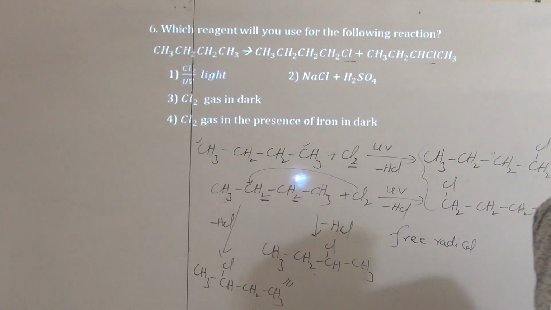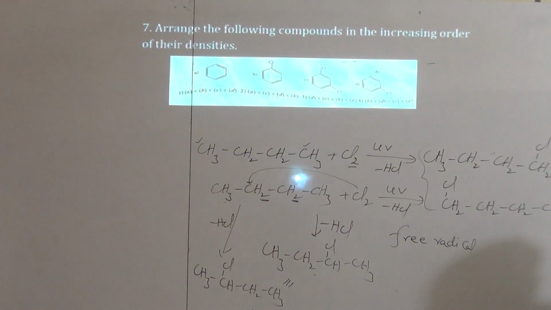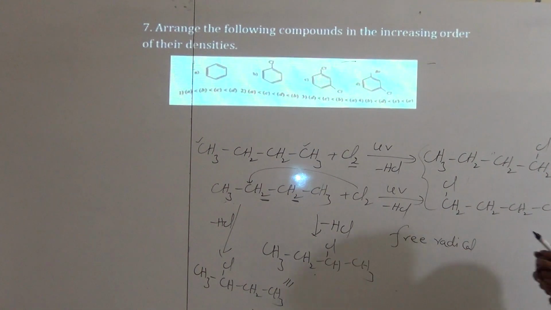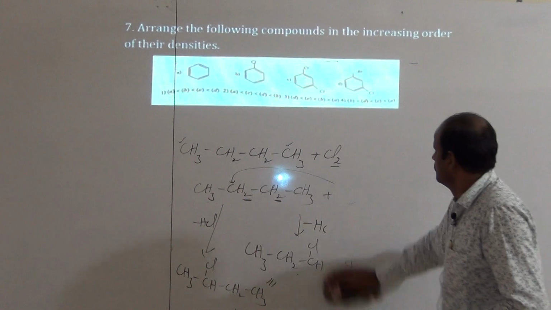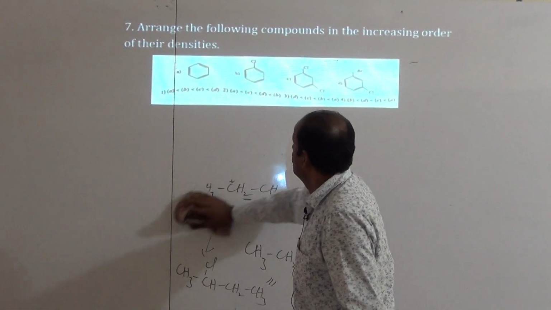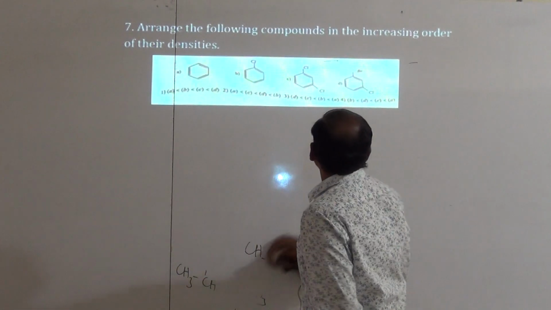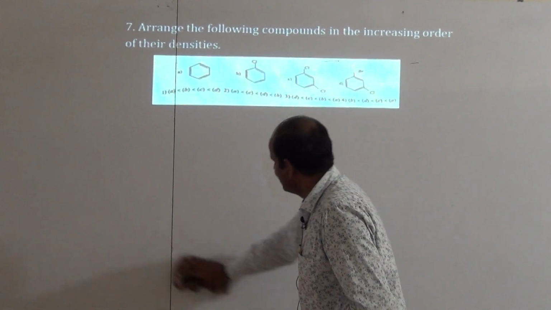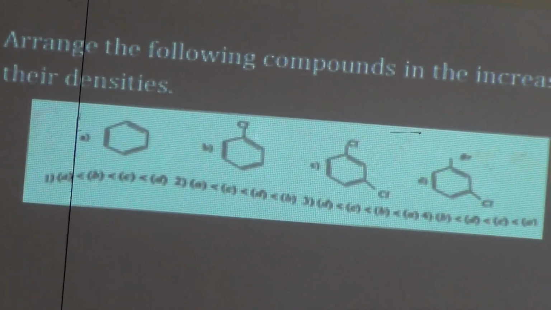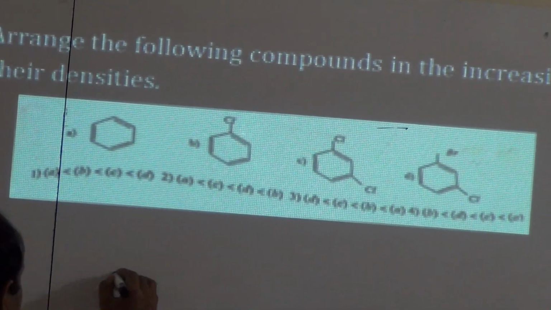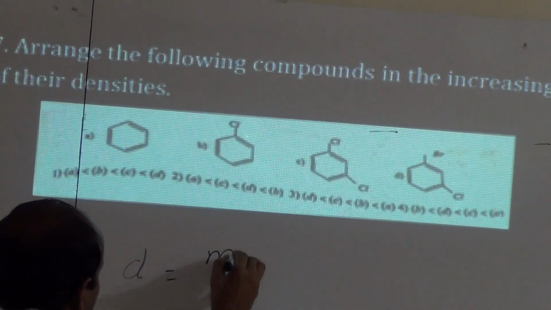Okay, next question. They have given some compounds and asked to arrange the following compounds in increasing order of their densities. So you know what the formula for density is? Density is equal to mass by volume, no?